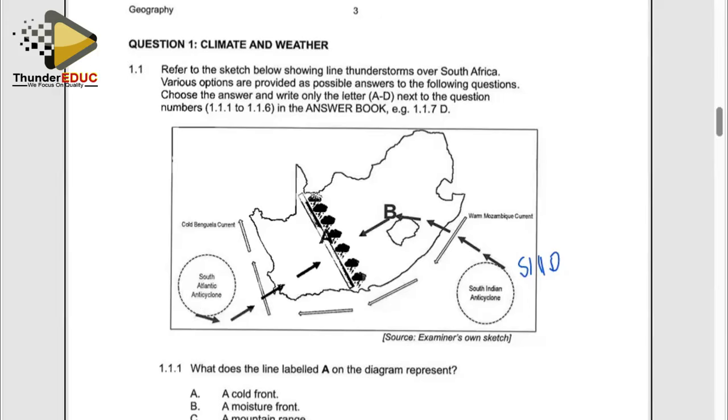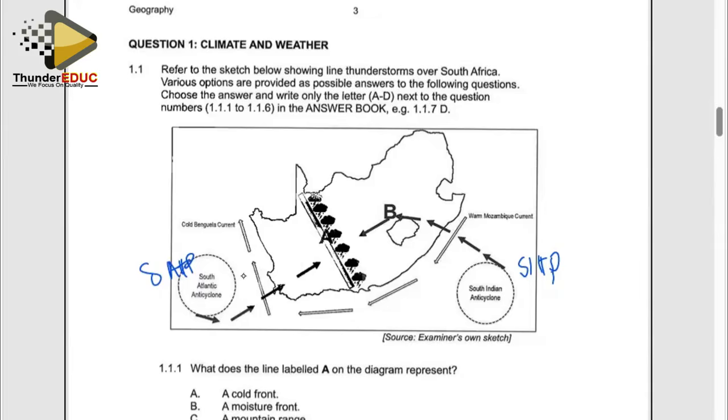Because of these two high pressure cells, with the South Atlantic high pressure on the west and the South Indian on the east, there is a tendency of the air to circulate out of the high pressure cells, these anticyclones.